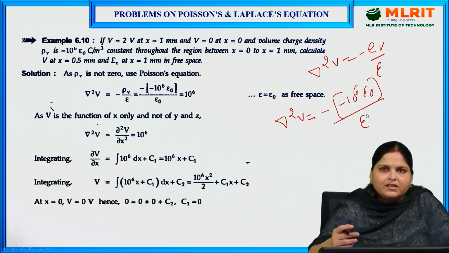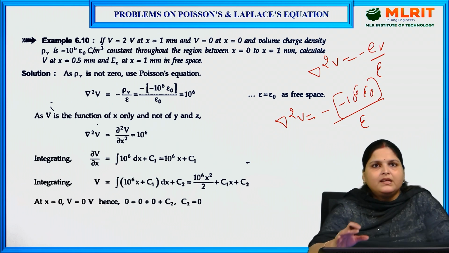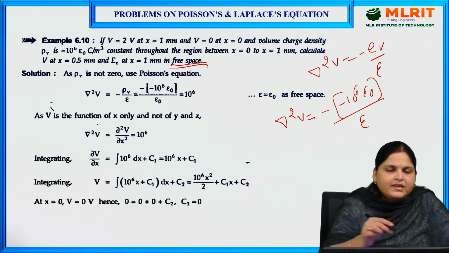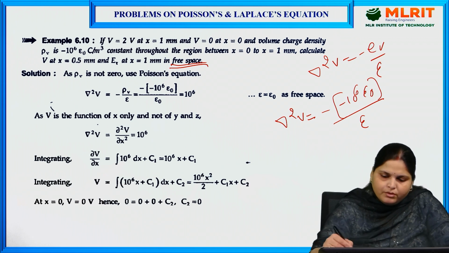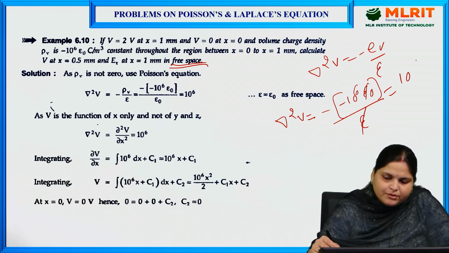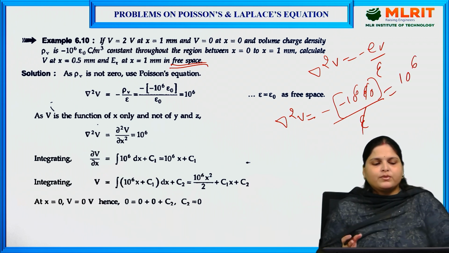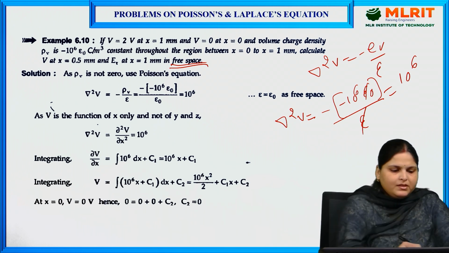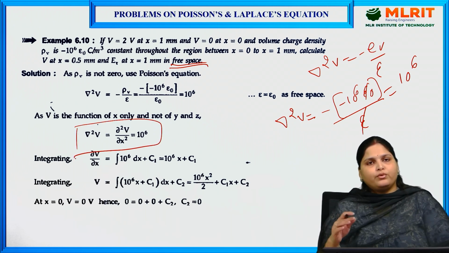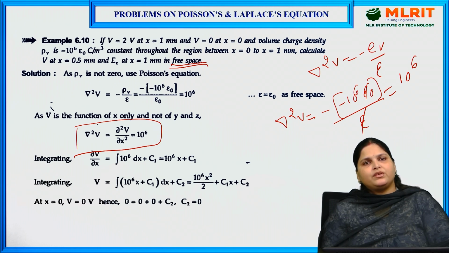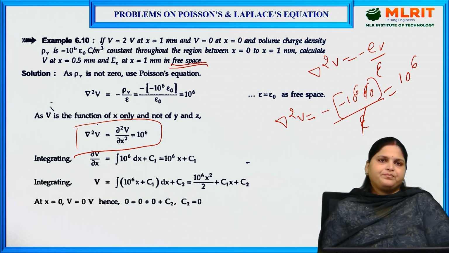Epsilon we are writing as epsilon naught because we are considering free space as per given in the question. So after calculation, this becomes 10 to the power 6. So our del square V is 10 to the power 6. So we can write del square V, that is, d square V by dx square, is equals to 10 to the power 6.